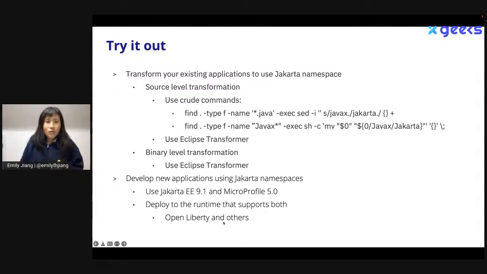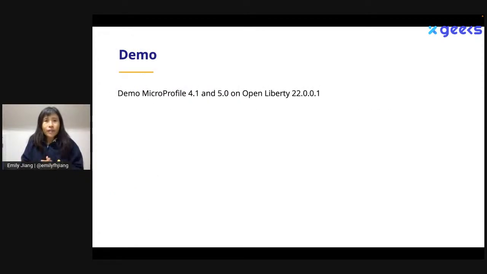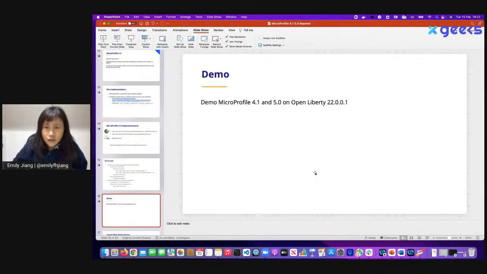Once you write the new application, you can deploy it to runtimes that support both, such as OpenLiberty, WildFly, and others. With that, I can give you a quick demo on how to use MicroProfile 4.1 and 5.0 on OpenLiberty. So let me go to my VS Code.